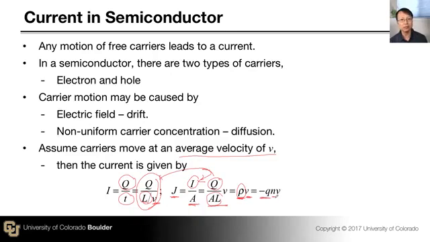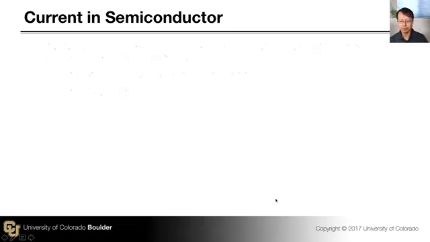Density of the electron in the conduction band, or sometimes we call it a concentration of electrons in the conduction band. So, what do we have now? We can calculate current density if we know the carrier density or carrier concentration and the velocity at which the carriers move. This is the key discovery here.